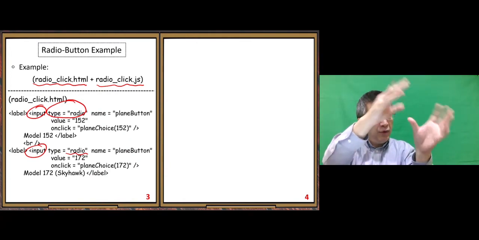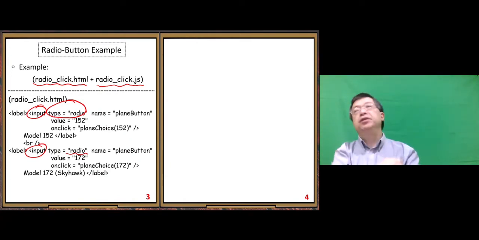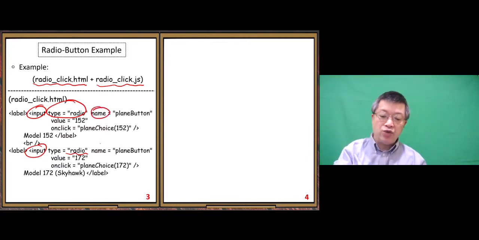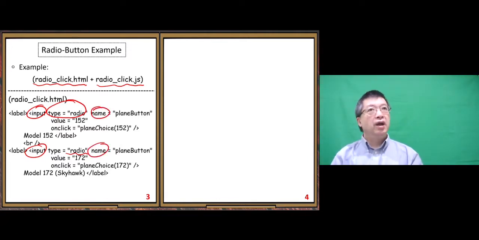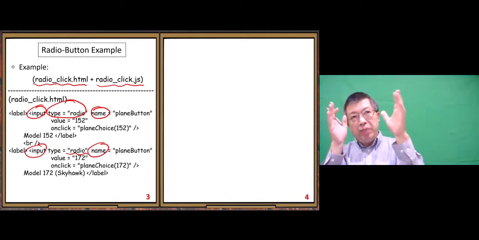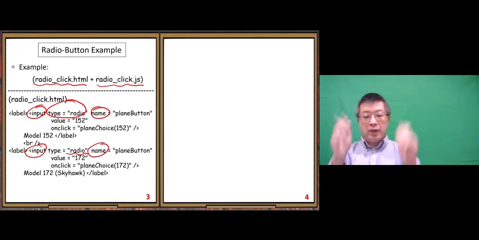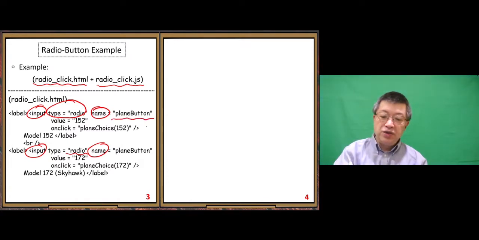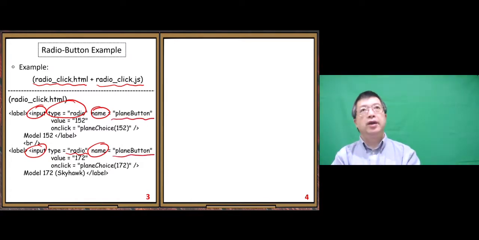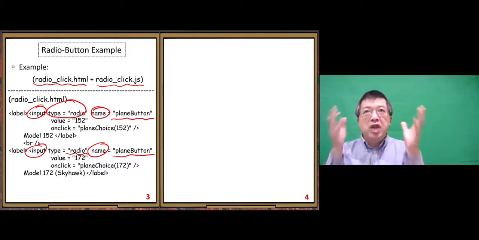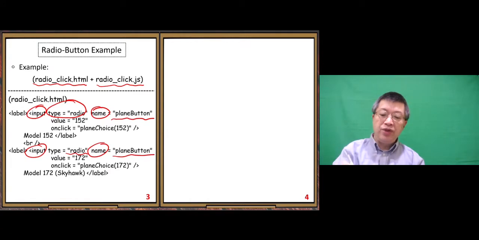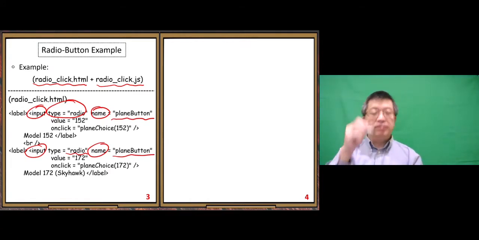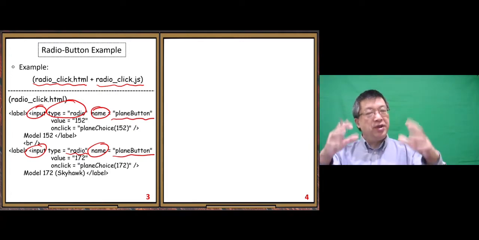Here, you use the name attribute. For those radio buttons in the same group, you use the same name. All the radio buttons in the same group share the same group name. Here we use plain button as the group name, so all 4 radio buttons use this name.